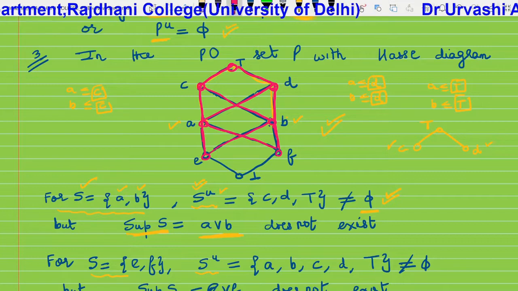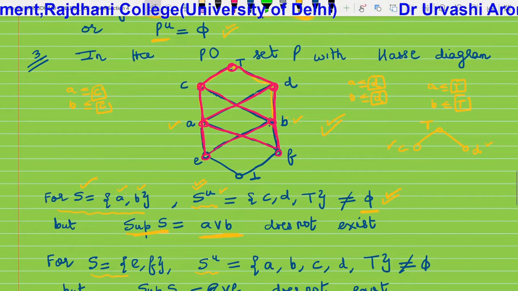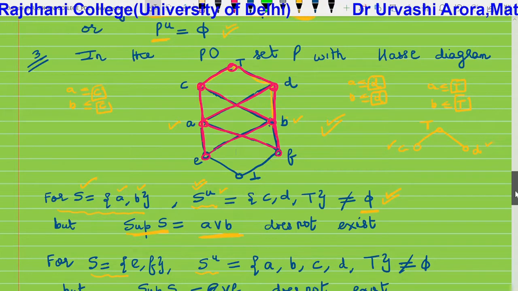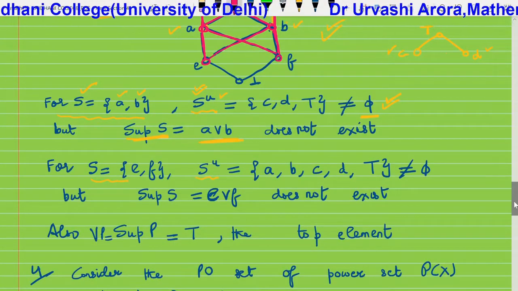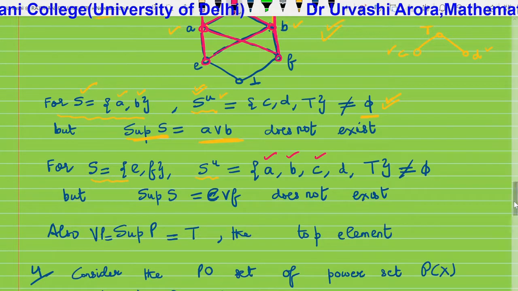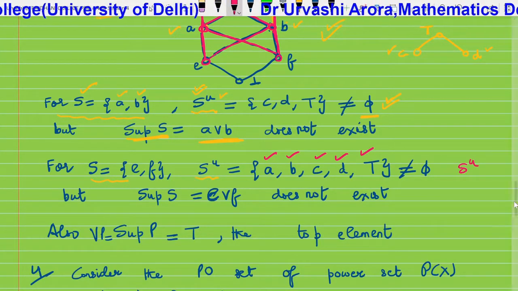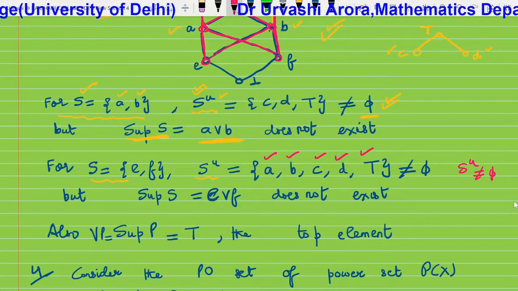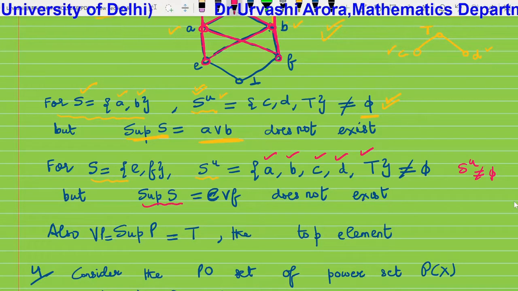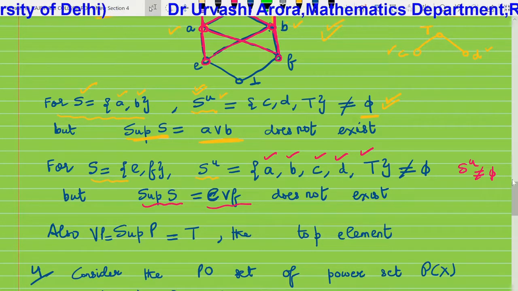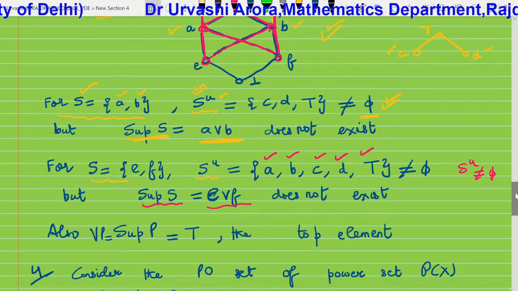So there are so many upper bounds that you have for the set S equal to {E, F}. But despite having so many upper bounds, which means that the set of upper bounds of S is non-empty, there is no least upper bound of the set S, there is no join of E and F. Why? Because out of these upper bounds, none of them is least.